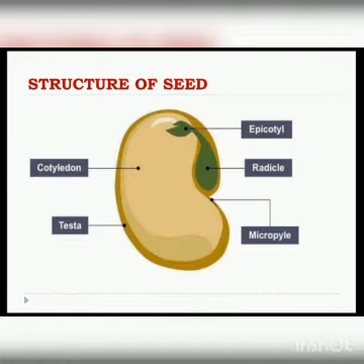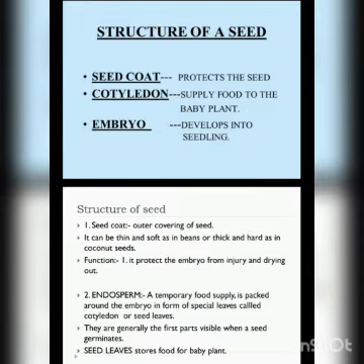The second part of the seed is the endosperm, which is present inside. It is a temporary food supply packed around the embryo in the form of special leaves called cotyledons, or seed leaves. They are generally the first part visible when a seed germinates.